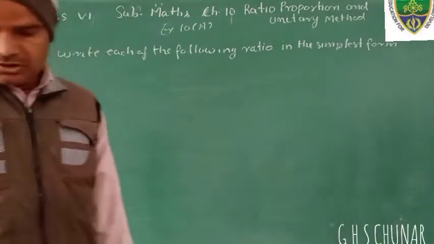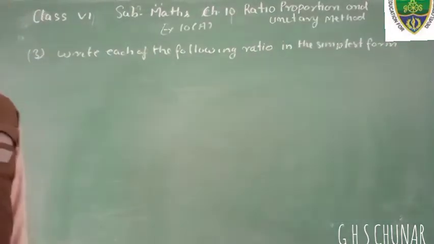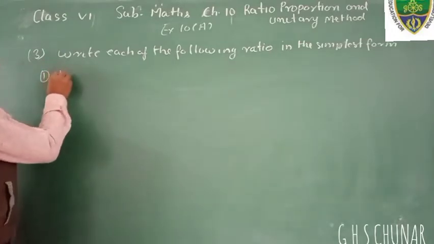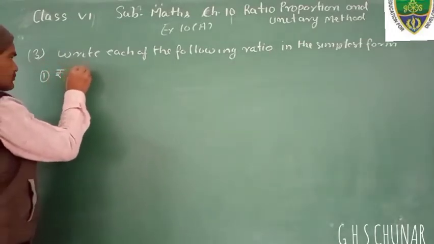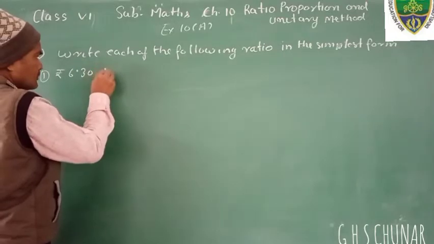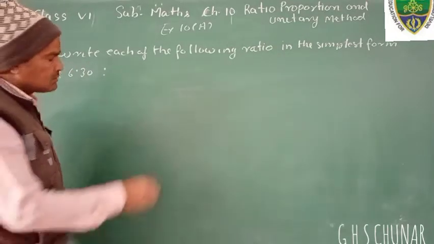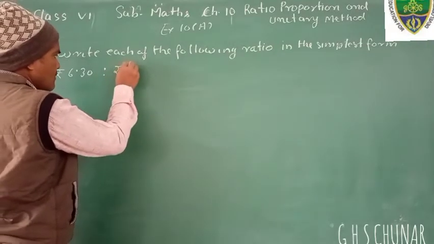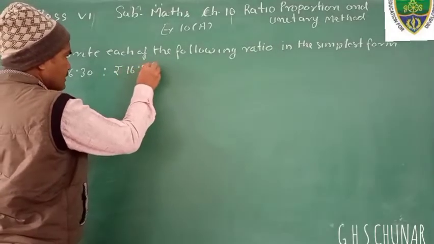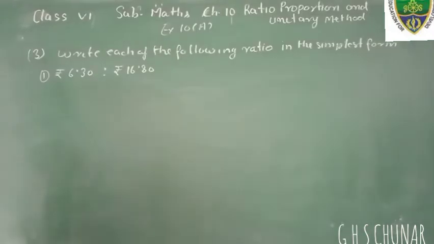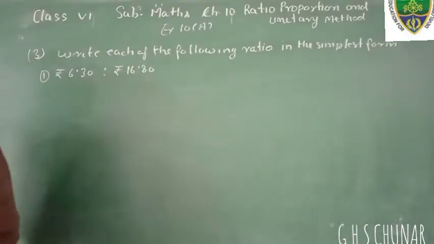In question number 3, first question, rupees 630 ratio rupees 6080. To write the ratio in the simplest form, first we write it in fraction form.